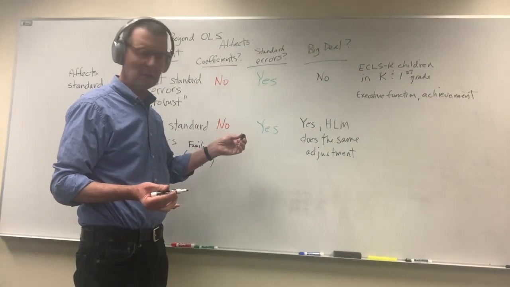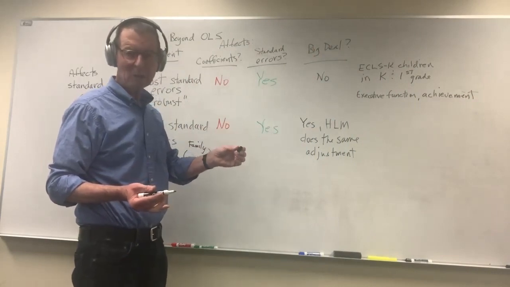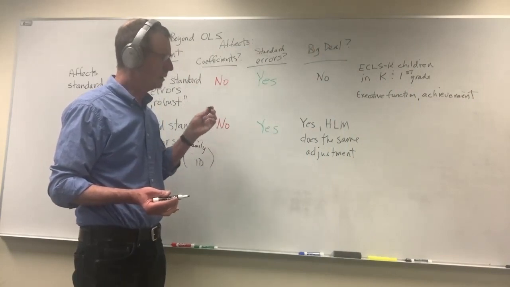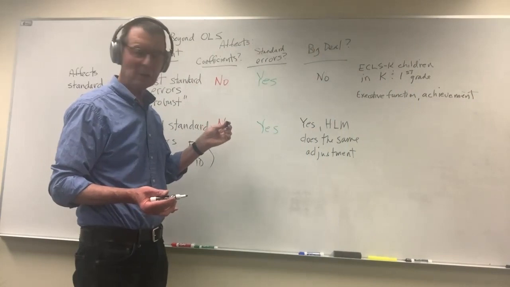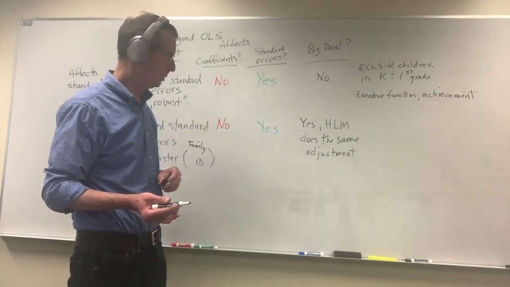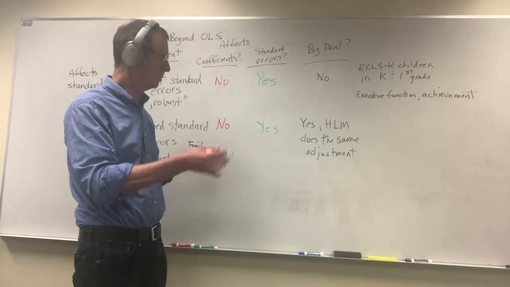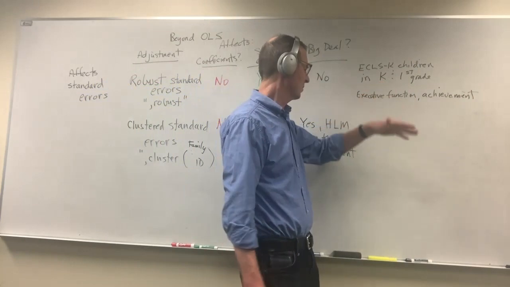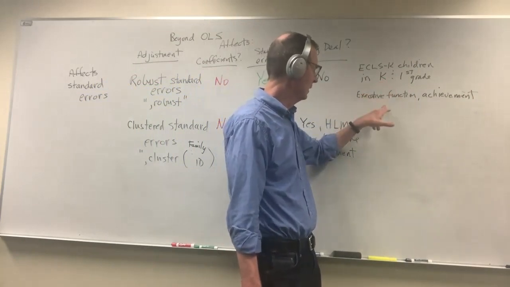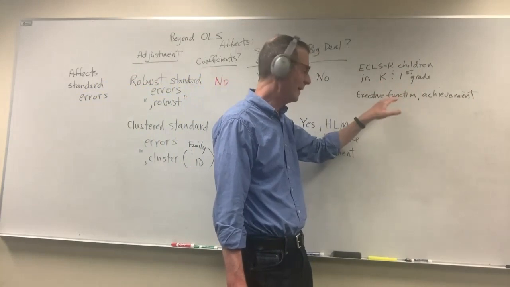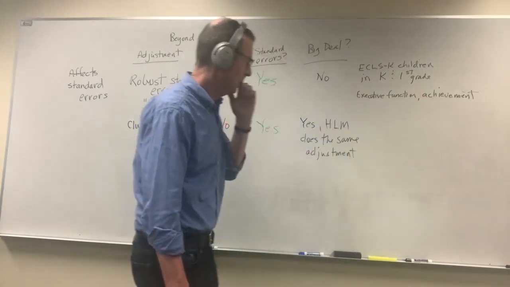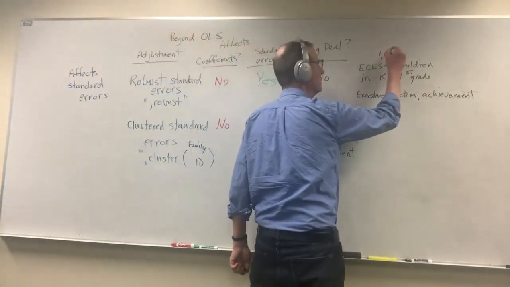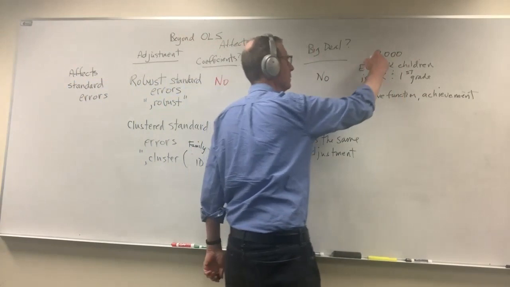Executive function is not well measured in the ECLSK data set that you're using for the lab, but in the more recent ECLSK, there is a much nicer set of executive function measures. So let's say you're using the more recent one, you've got executive function measured for these kids in kindergarten, let's say 5,000 kids in kindergarten. Those same kids are followed into first grade. Again, you measure executive function and you measure achievement.